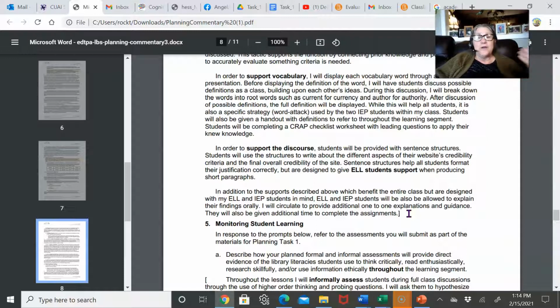So if you have no language needs, then you're telling me that there is no child in your classroom that can read better than they can write. You're telling me that there's no child in your classroom that has difficulty expressing themselves verbally. Is that correct?